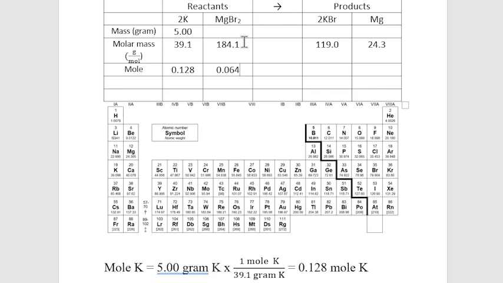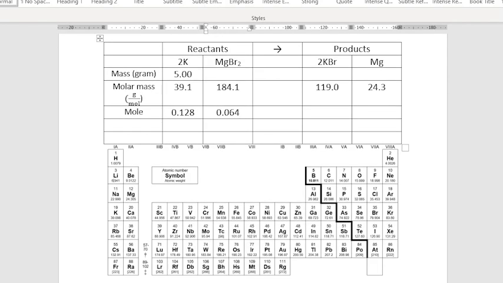Then we could enter this data in our table, 0.064 moles. And to find the grams, notice that the moles times grams per mole will give you the grams. We could write it down here in the table like this, or we could go ahead and multiply these numbers going up. So 184.1 times 0.064, this will be the number of grams of magnesium bromide that's required.